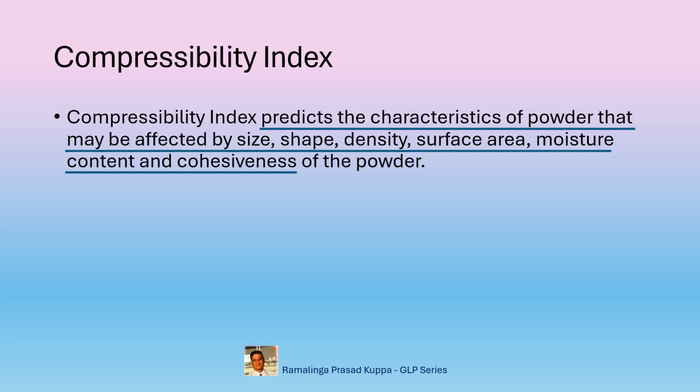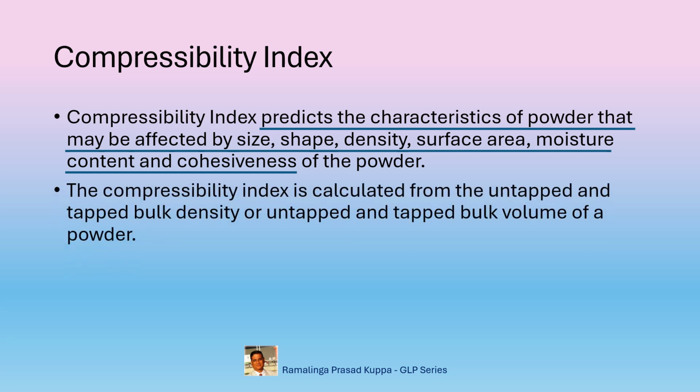This is expressed as a percentage. The compressibility index is calculated from the untapped and tapped bulk densities or untapped and tapped bulk volumes of powder. Use chapter 616 of USP for more details of the bulk density testing.